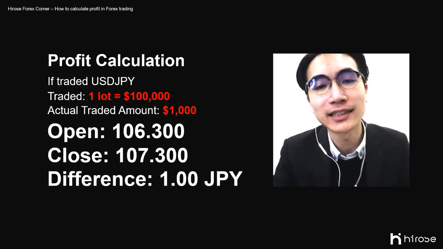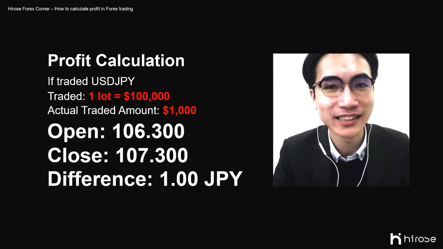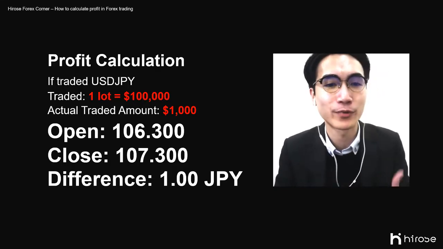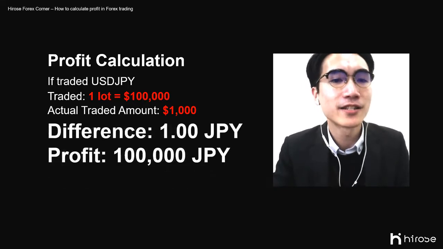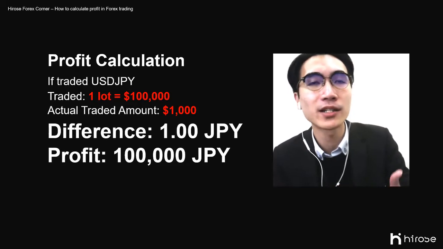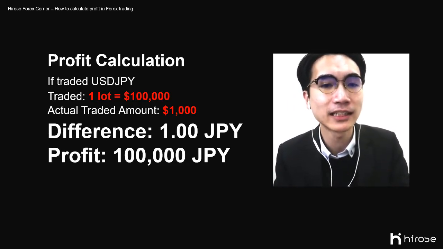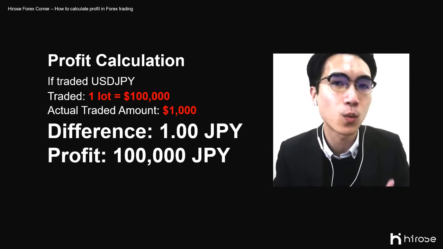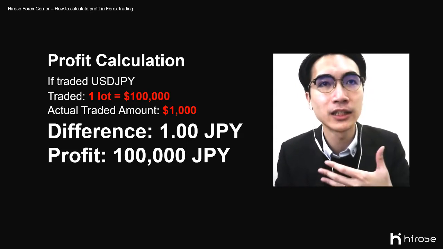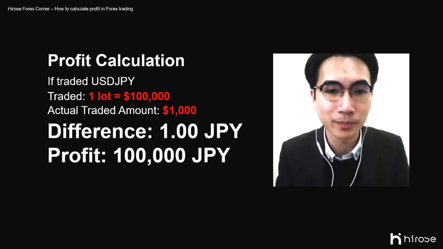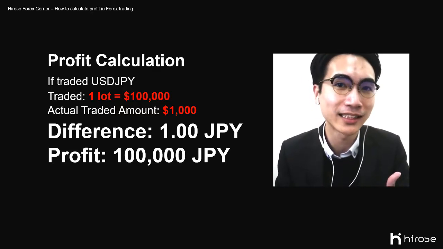So what does this 1 yen is gonna bring us? How much profit is this price difference gonna bring us? When I traded one lot in US dollar and Japanese yen, if the price difference is 1 yen, then in Japanese yen, the profit it's gonna bring me is gonna be 100,000 yen.